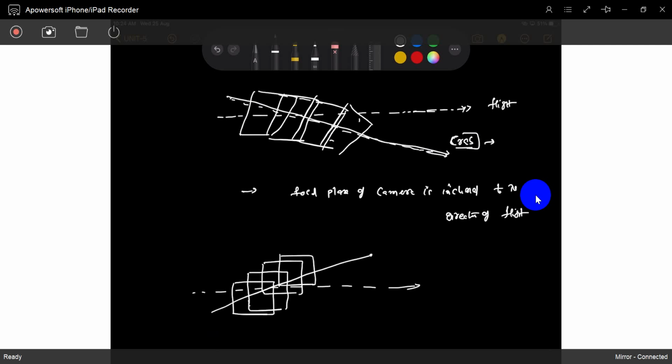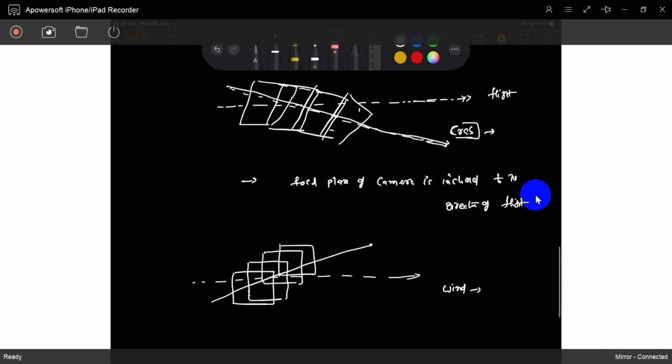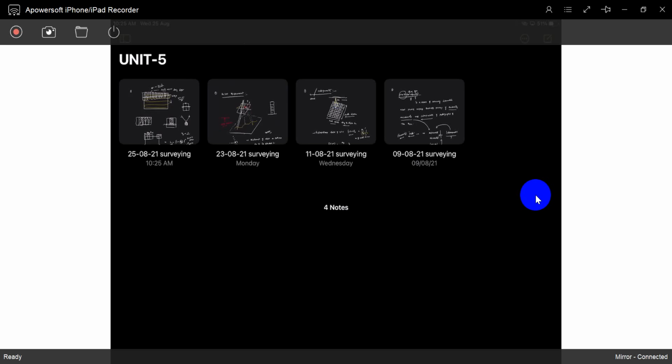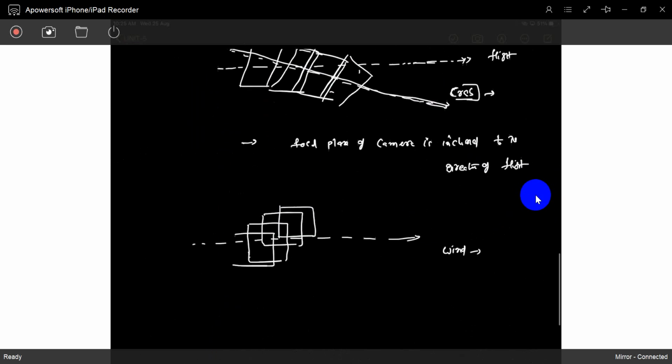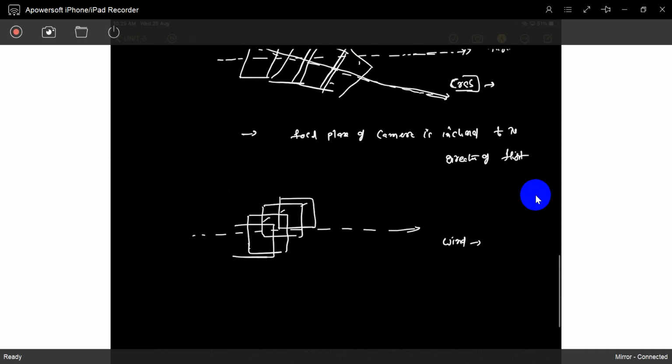So why is it happening? It happens due to wind. The aeroplane may be slightly shifting, may move towards one side. See how the aeroplane goes: the first photograph is taken here, the second here, the third here, and the fourth here. So the flight line is just shifting because of wind force.